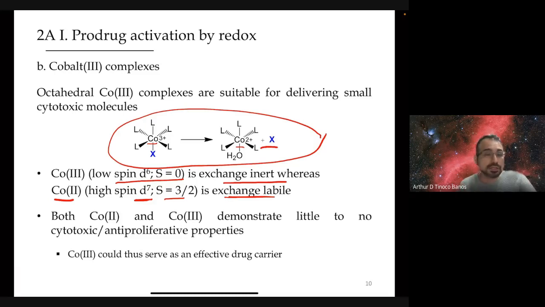That's really very interesting, in that the oxidation state difference can lead to a profound difference in terms of ligand exchange. But also very important is that, generally speaking, Co(II) and Co(III) seem to exhibit little to no cytotoxic or antiproliferative property. Thus, the metal center, in either oxidation state, can serve as an effective drug carrier.